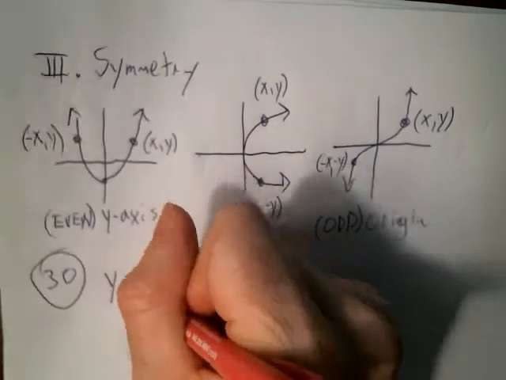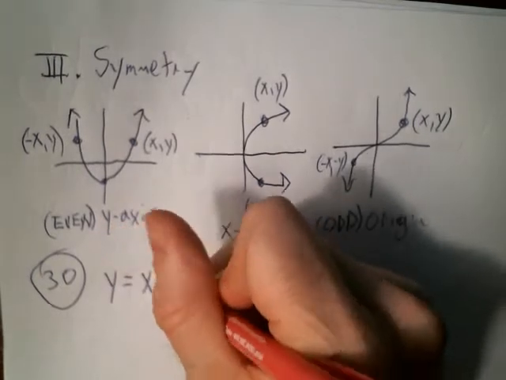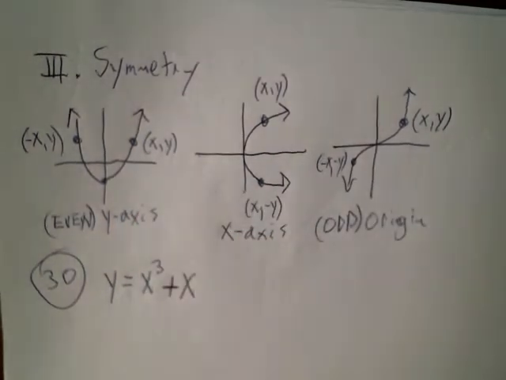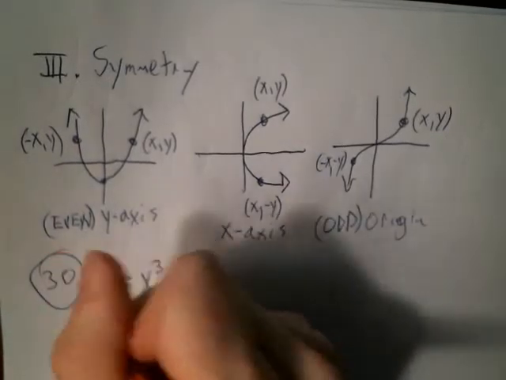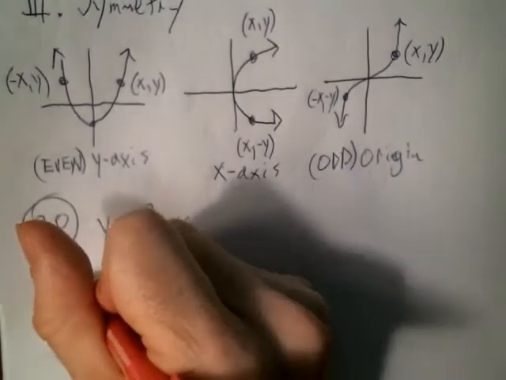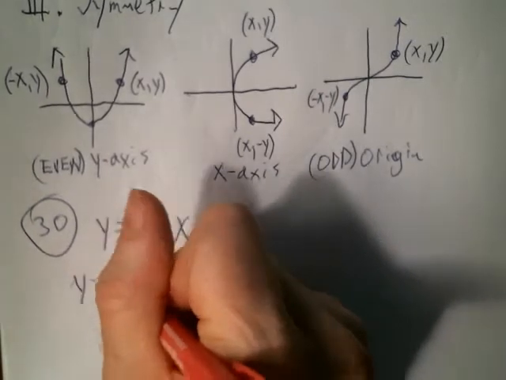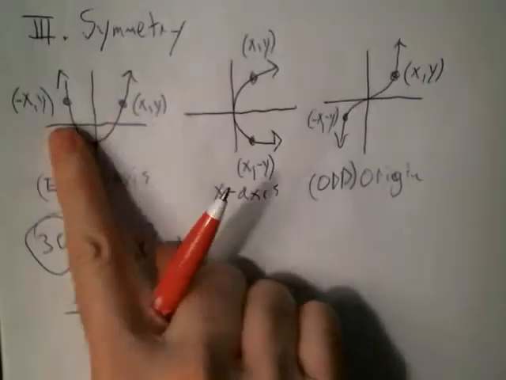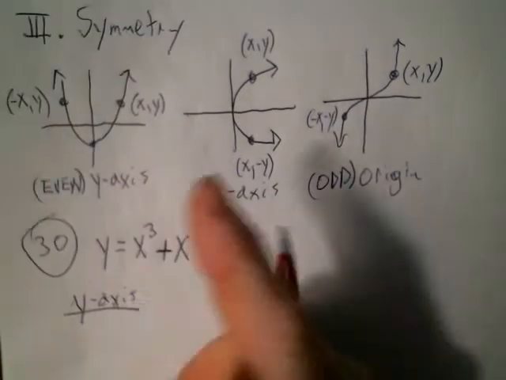And here we have some sort of cubic, maybe some sort of depressed cubic, I don't know. So anyways, we have y-axis symmetry to start out with. For the y-axis, we're going to replace x with -x.